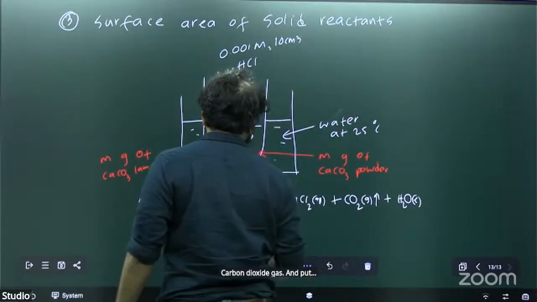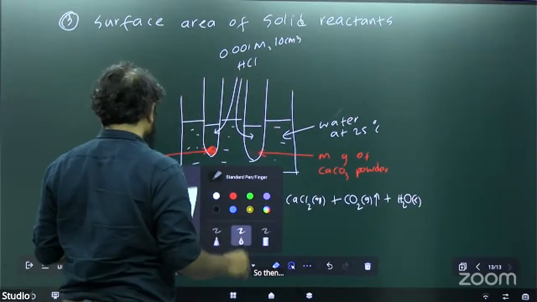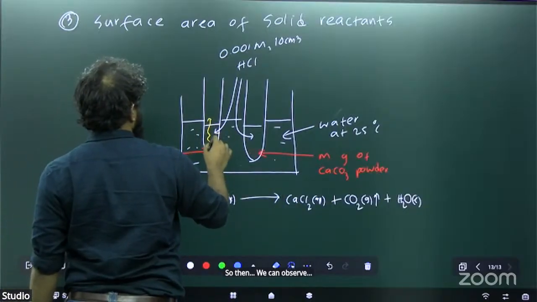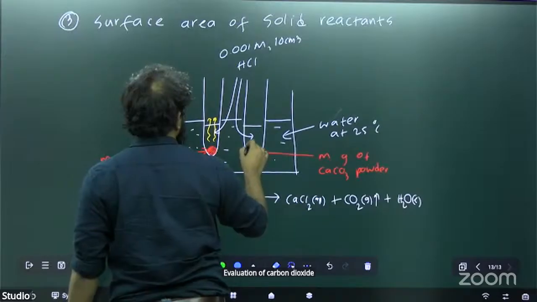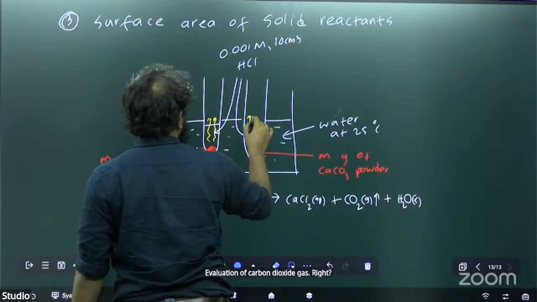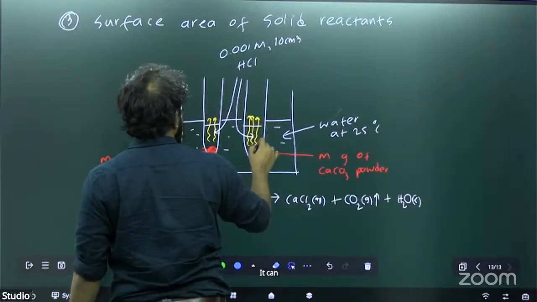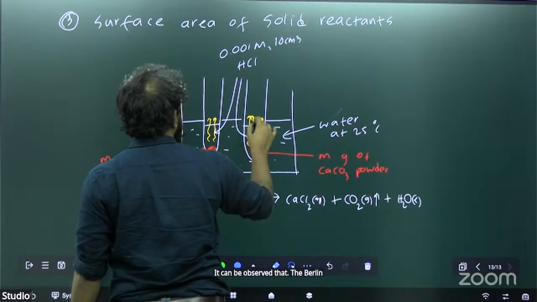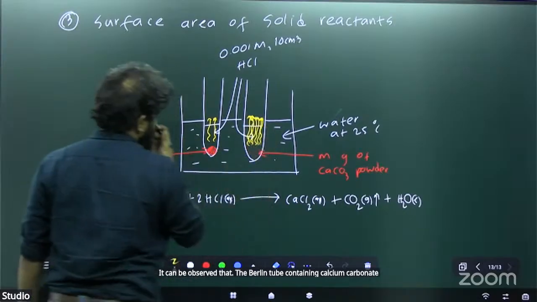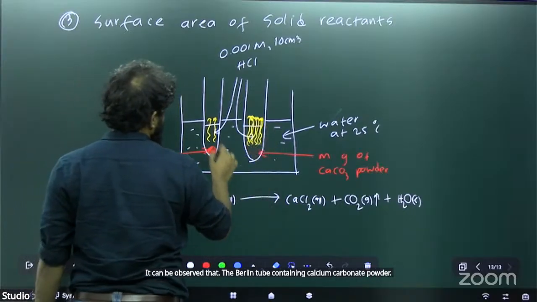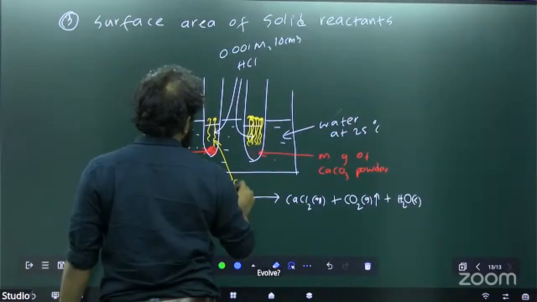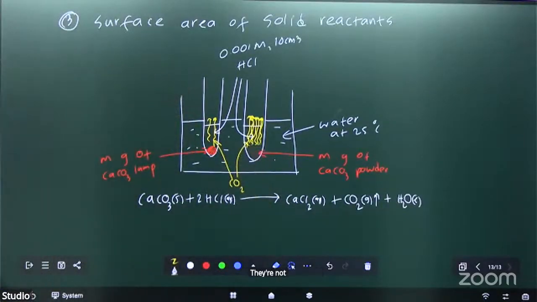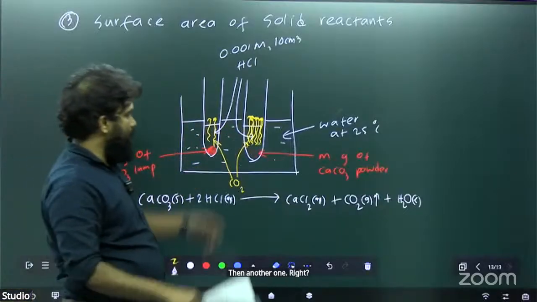So then we can observe evolution of carbon dioxide gas, right? And it can be observed that the boiling tube containing calcium carbonate powder evolves more carbon dioxide gas than the other one.